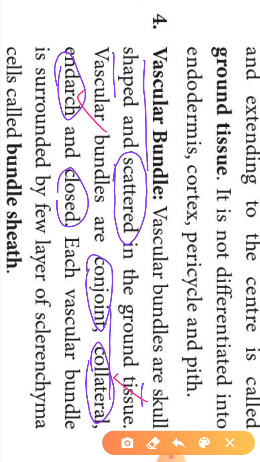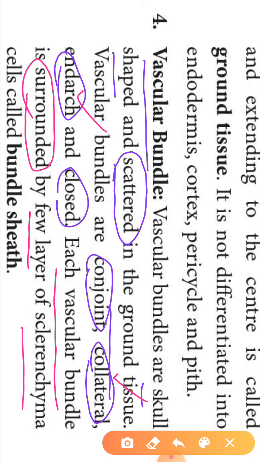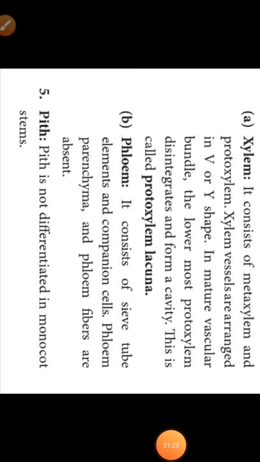Each and every vascular bundle is covered, I mean surrounded, by a few layers of sclerenchyma cells that is known as bundle sheath. Next we are going to see about xylem and phloem.